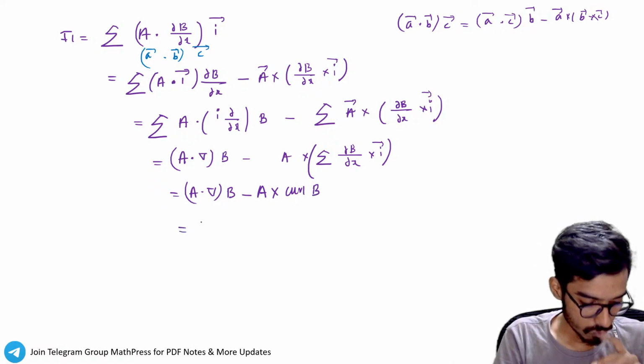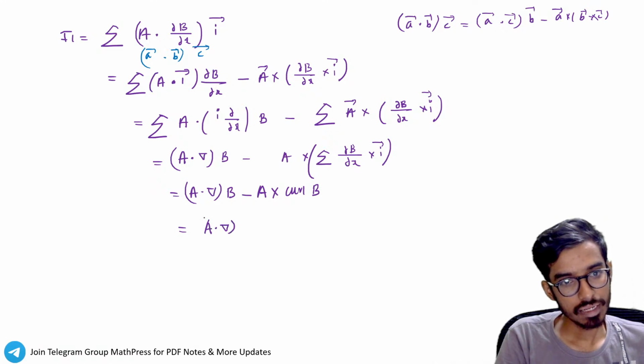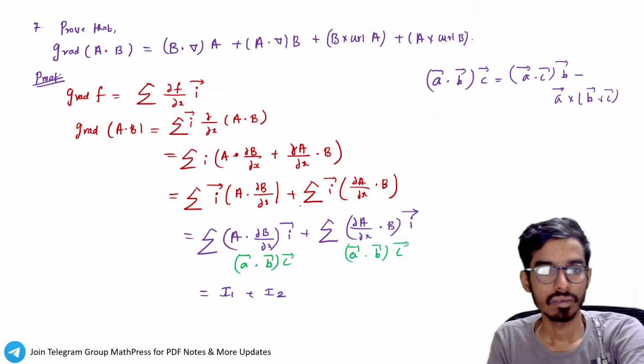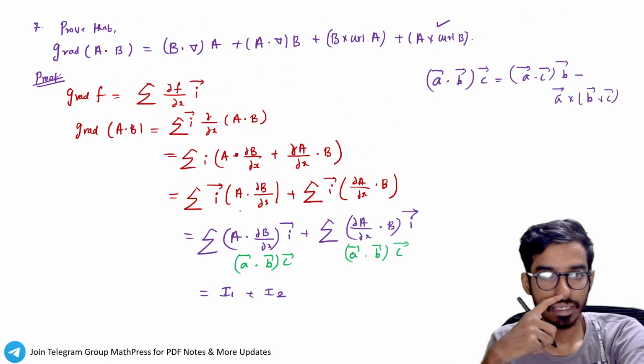So A dot del into B minus A cross curl B. So you can see we have proved the first part, right? We have minus A cross curl B.